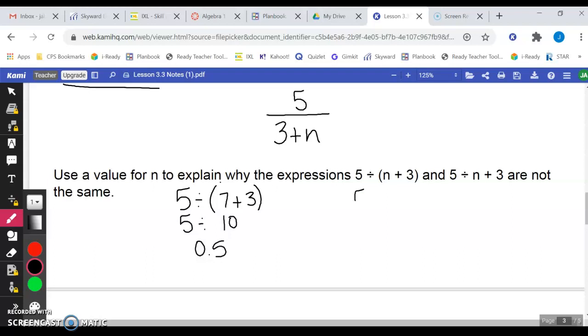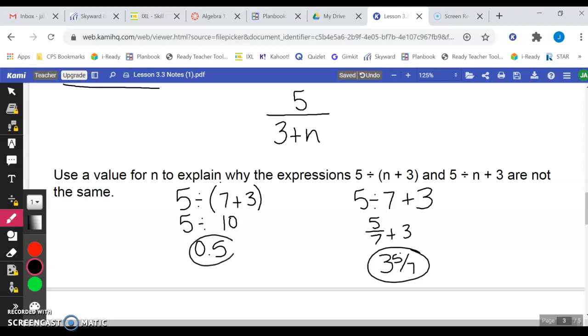If I plugged it in this other expression, I would have 5 divided by 7 plus 3. The order of operations says that I have to do the division first, so I would have 5/7 plus 3, and I would get an answer of 3 and 5/7. Much different than what is going on over here with the parentheses.